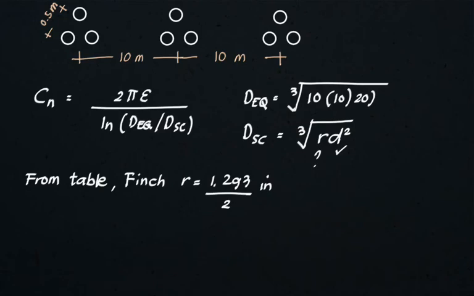If in case the table lists the same kcmil, then the stranding and layering will matter. Since it's not given here in the problem statement, there's another table that is specific to Finch, so we'll take that as the outside diameter.